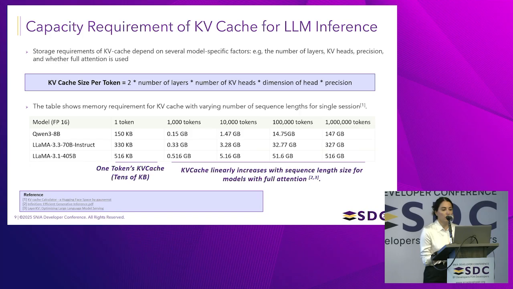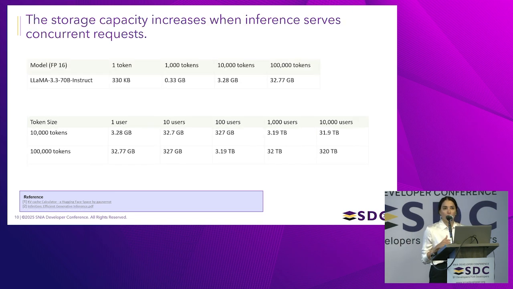However, when you scale the number of tokens from 1,000 to 1 million, and I know these models don't support 1 million, but just as an example, you see the KV cache increase linearly with your context length. When we increase the input token size, you reach very large sizes easily.